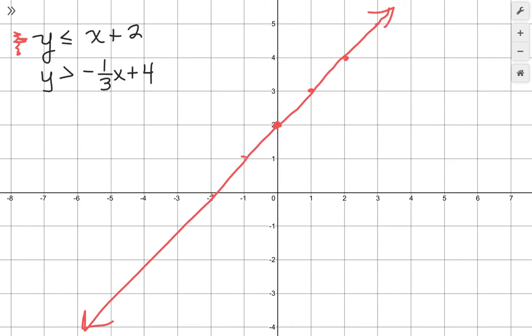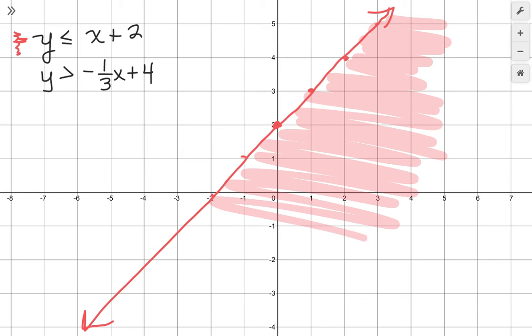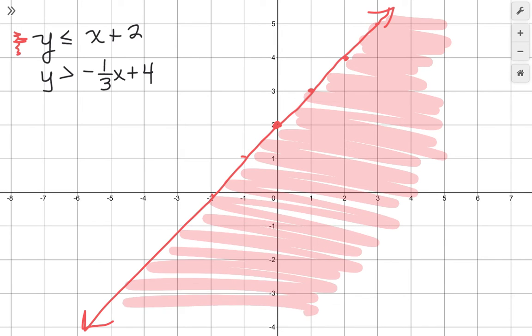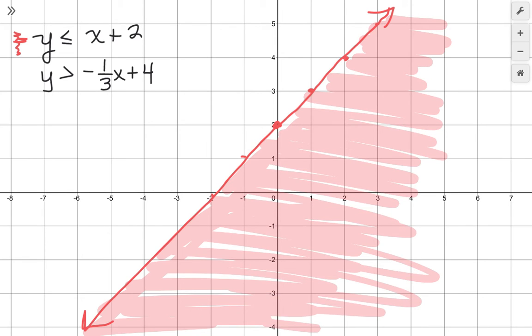It's less than or equal to, which tells me I'm going to be shading below that line. I'm going to use the highlighter tool here just because I get a thicker line, but again, some of you will be neat and meticulous and use multicolors. I never have two colored highlighters with me, but I do on my iPad. So less than or equal to, that line goes that way.